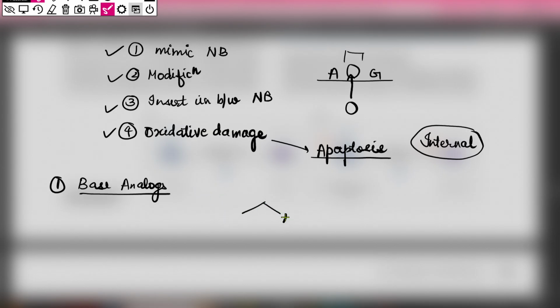We know the structure of uracil is like this. It is already a pyrimidine, so it has this kind of structure here. Here is a double bond, and here we have double bond O and double bond O. This is a normal uracil. Now if by chance a bromine group, sorry, not methyl group, bromine group, is added here, at that time we say that it has now become 5-bromouracil, and this double bond will be removed after that.